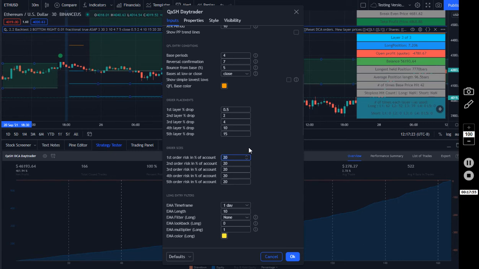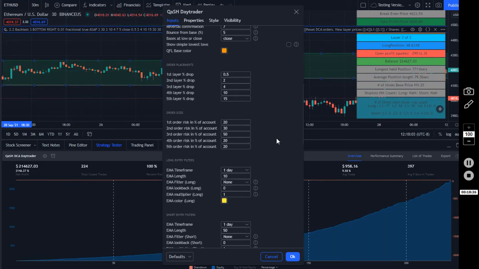Let's set it to 20, 30, and 50. Okay, so layer 1 will be 20% of your account, layer 2 is 30% of your account, and layer 3 will be the rest of your account. And we are not using any margin here. And would you look at that? Now we're at 2,000% profit because we made it so aggressive.